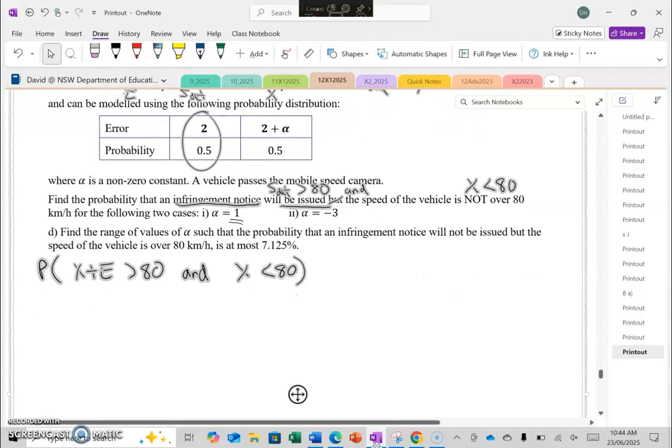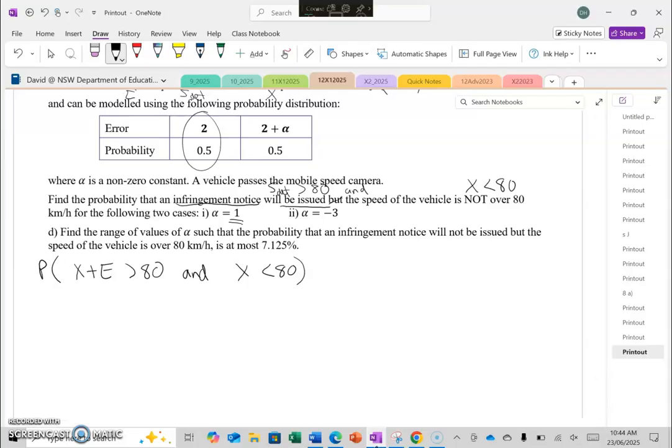Here alpha is 1, so half the time the error is 2, and half the time the error is 2 plus 1, which is 3.